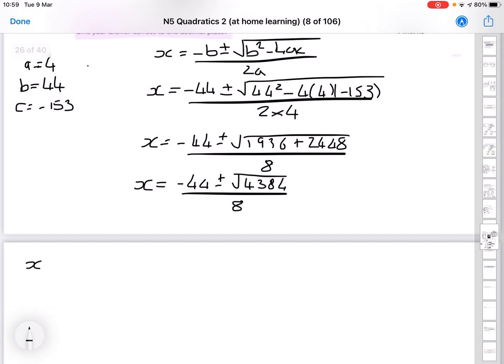So if we do x equals minus 44 plus root 4384 over 8, we get 2.7764 and so on, dot, dot, dot. So to one decimal place, that's going to be 2.8.